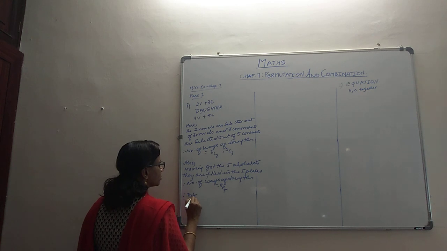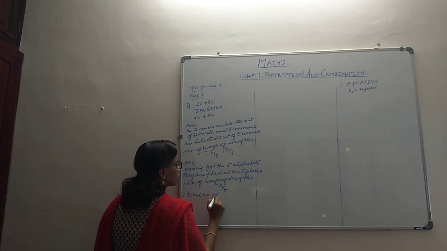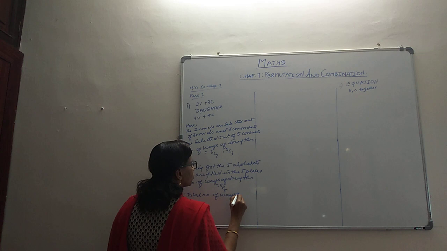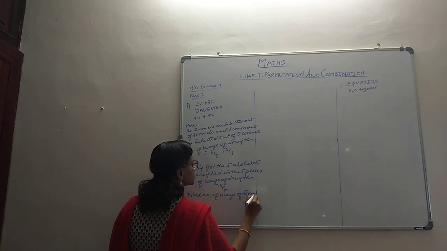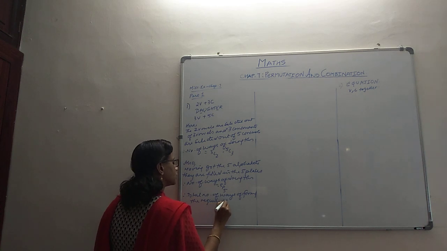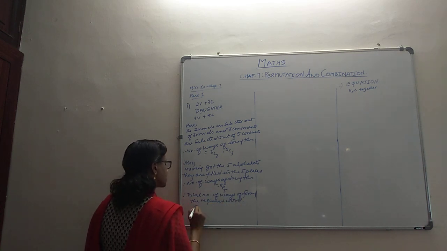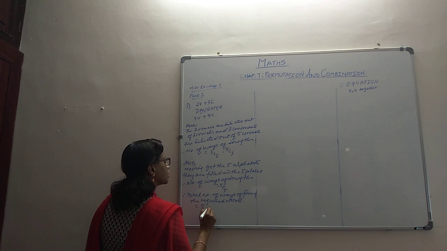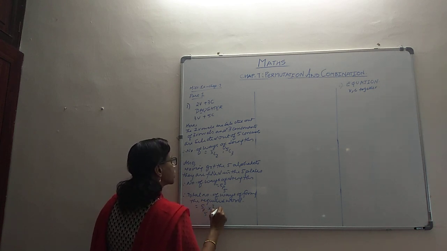Therefore, total number of ways of forming this word required is 5P5 into 3C2 into 5C3.